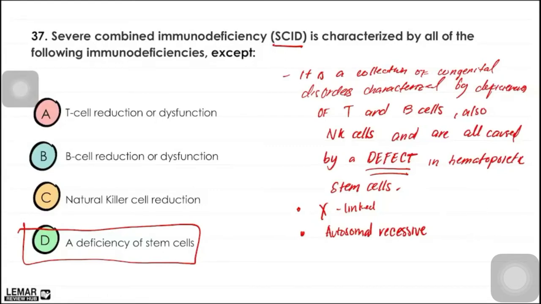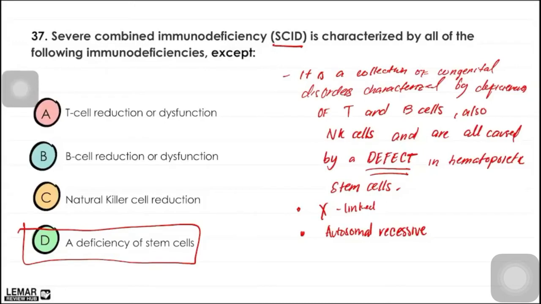So what we can observe in SCID, number 1, we can observe T-cell reduction or dysfunction. In SCID, it is caused by numerous molecular defects that lead to severe compromise in T-cell reduction or dysfunction, B-cell reduction and also dysfunction, and occasionally reduction in the number of your NK cells.